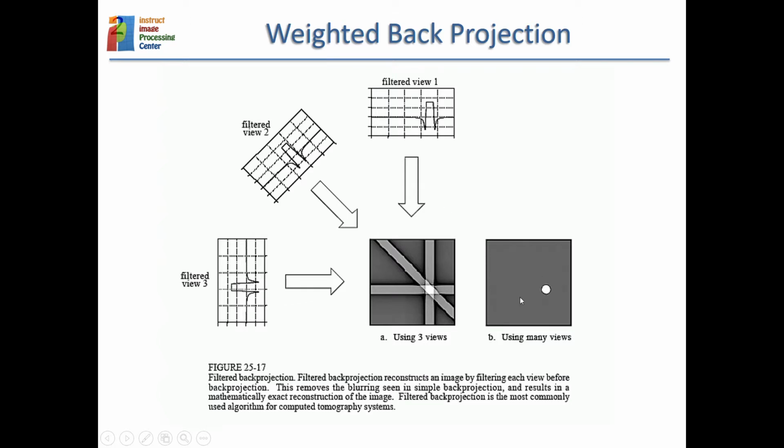And weighted back projection was one of the first algorithms to invert this process. So let's say that we have an object and we know that projecting from bottom to top, we have this projection, and projecting along this direction, we have this projection, and projecting horizontally, we have this projection. So one possibility to find an object that is compatible with these three projections is just to take the height of this projection.